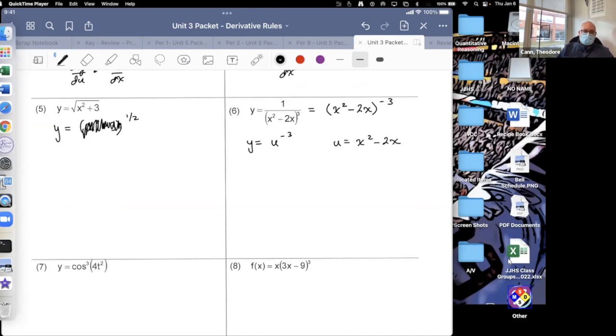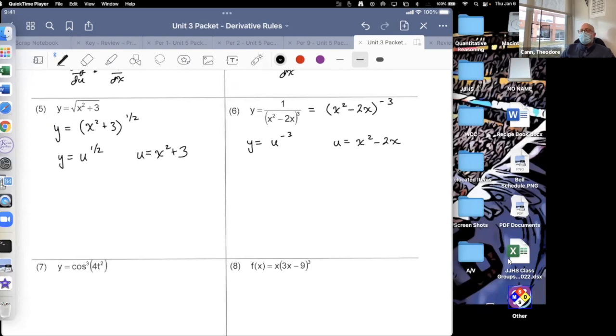It's not x to the 1/2, it's something else to the 1/2. So let's let that something else be the u and see where that takes us. If that something else, x squared plus 3, is the u, then y would have to be, by reverse substituting, u to the 1/2 power.